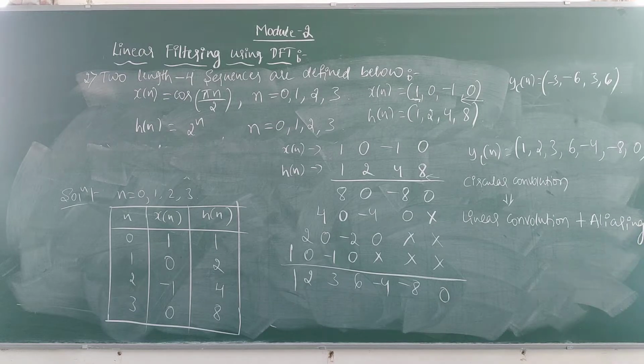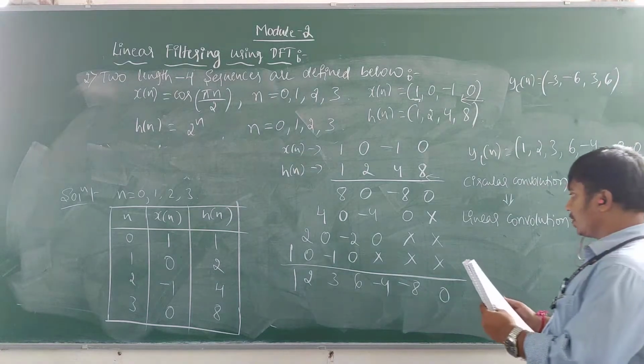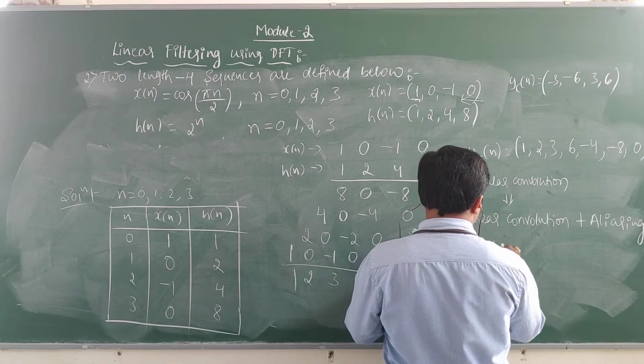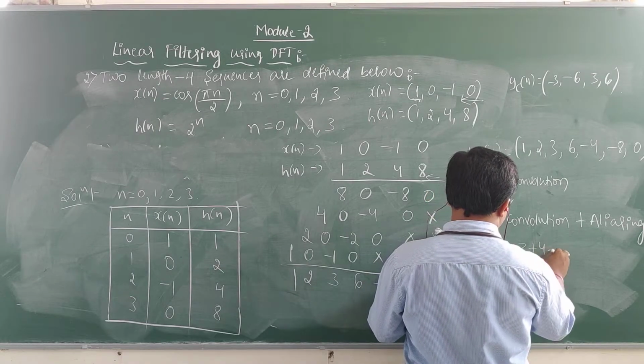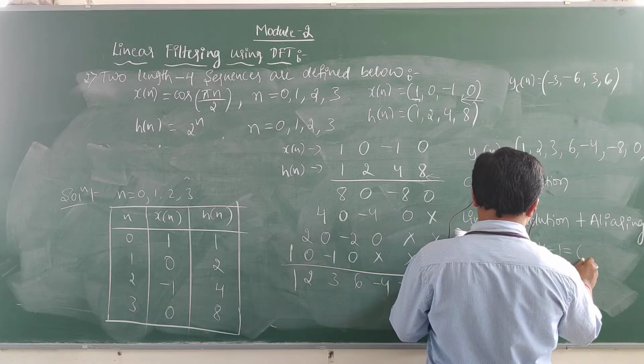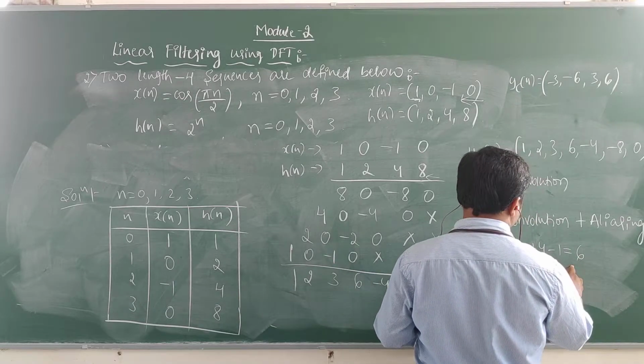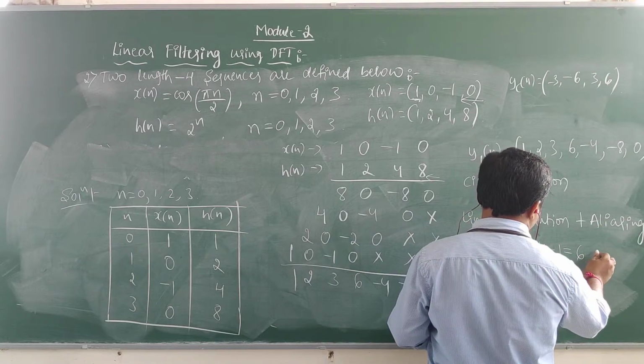So what is this aliasing effect? We need N to be greater than or equal to 3 plus 4 minus 1, which is 6, to avoid this aliasing.